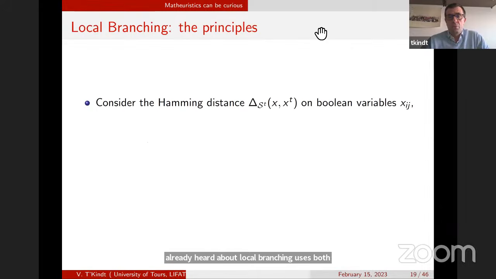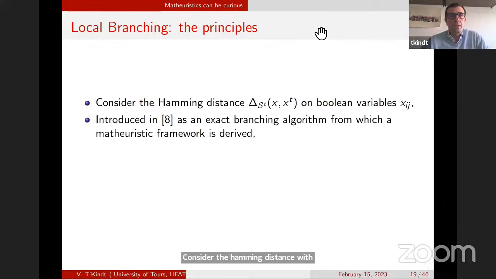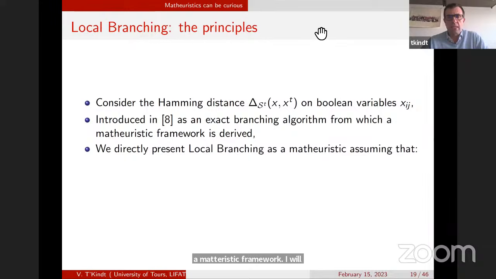Consider the Hamming distance we've discussed so far. Local branching was first introduced by Fischetti and Lodi as an exact branching algorithm for which it's easy to derive a Matheuristic framework. I will not deal with local branching as an exact method, but just as a Matheuristic.